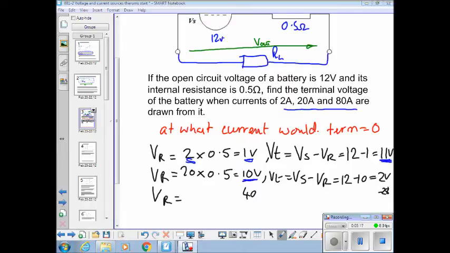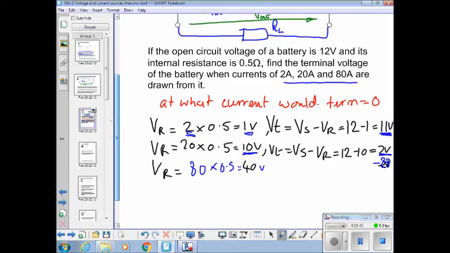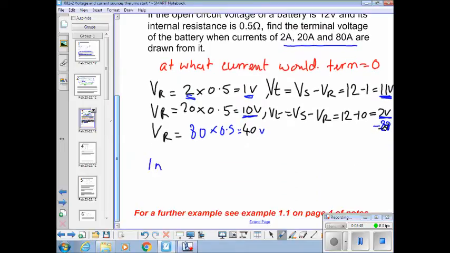At 20 amps, we drop 10 volts across the internal resistance, leaving us with 2 volts at the terminals. Theoretically, with a current of 80 amps times 0.5, 40 volts would be dropped across the internal resistance, leaving us a terminal voltage of minus 28. That's not possible.